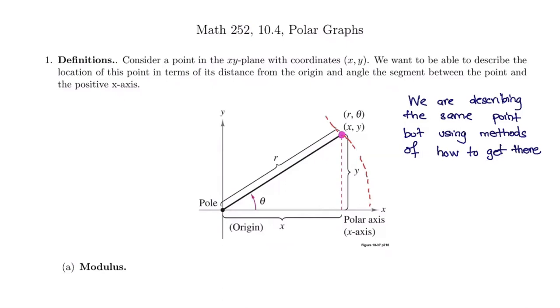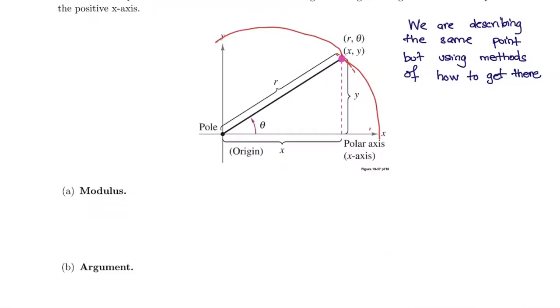So we have to understand how to find that radius and then how to find our specific angle that we are upon. The first thing we're going to describe is our modulus. The modulus is the distance between the origin or the pole and the point. So it's the length of this line segment right here.